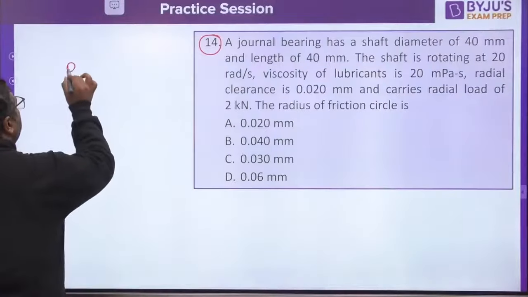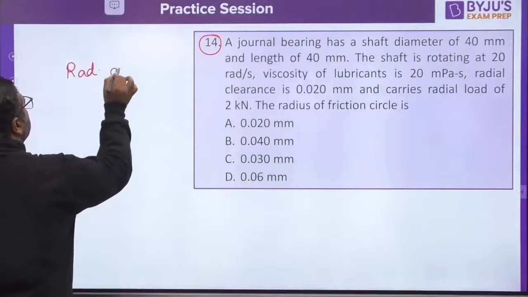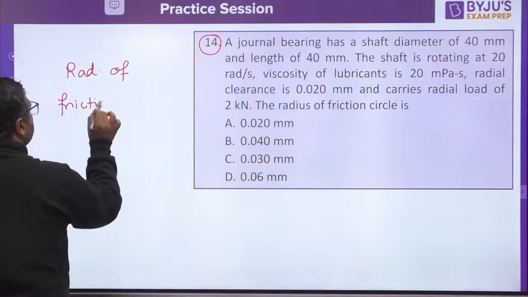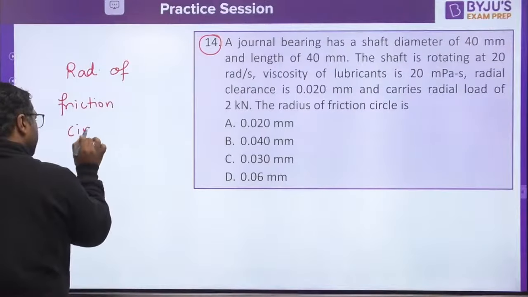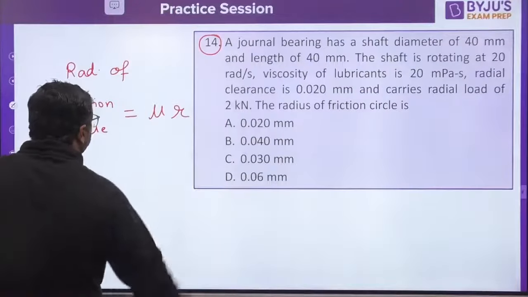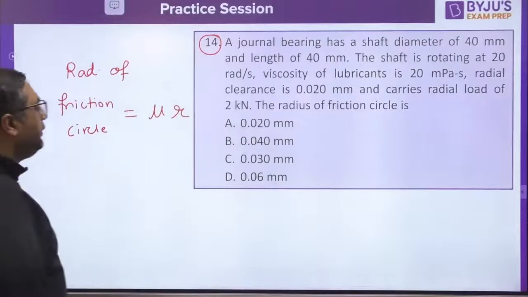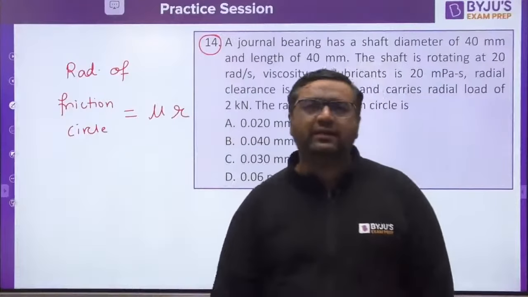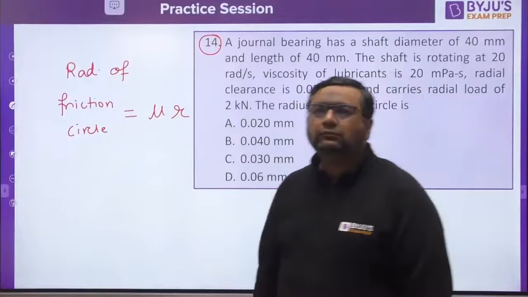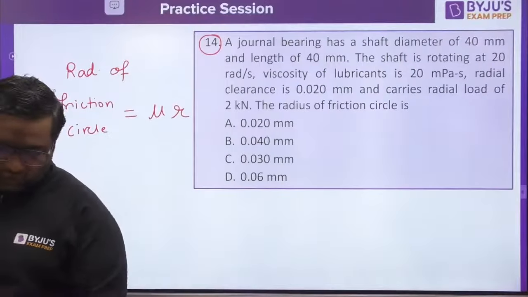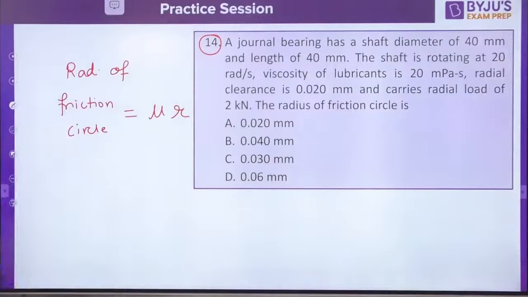So dear, radius of friction circle is nothing but mu times of r, because you know it was r tan theta, so mu times of r it is. So you need to find out mu times of r. Solve it, guys, and get the answer.